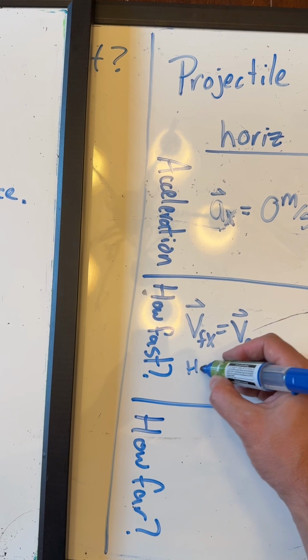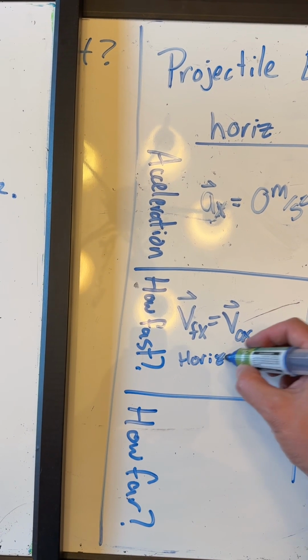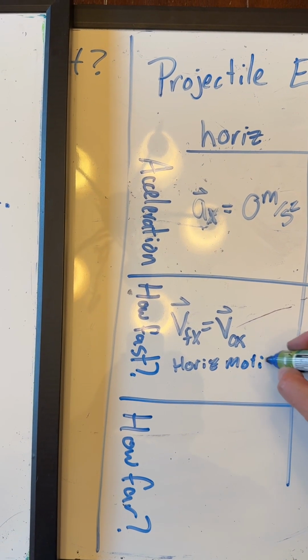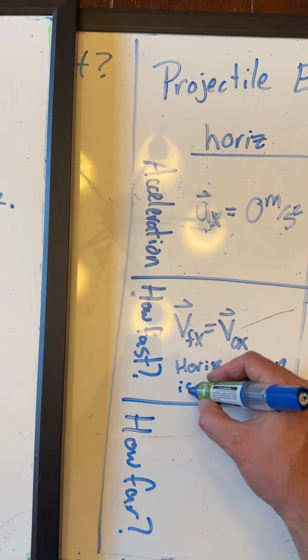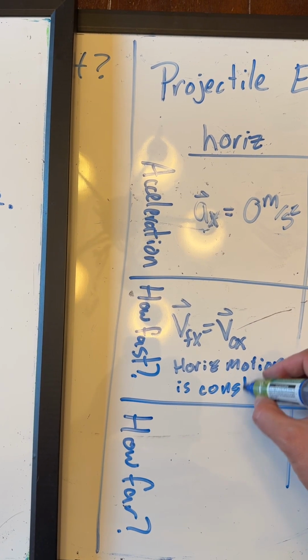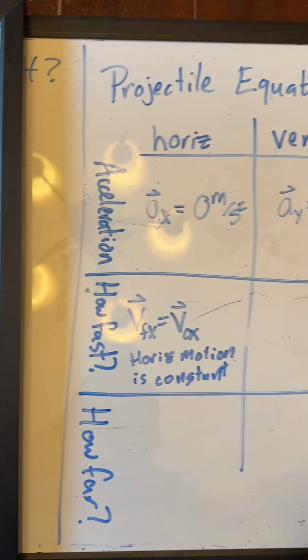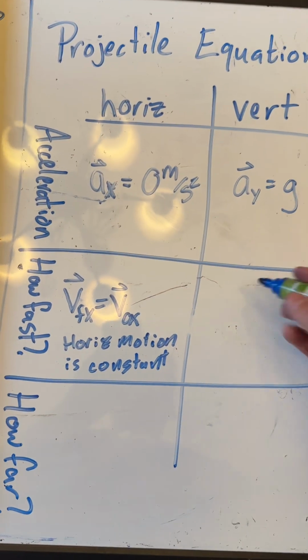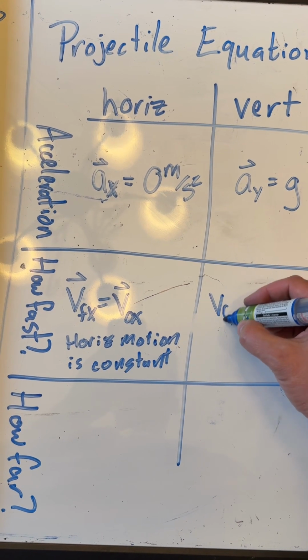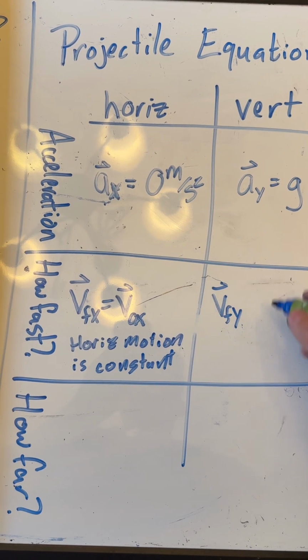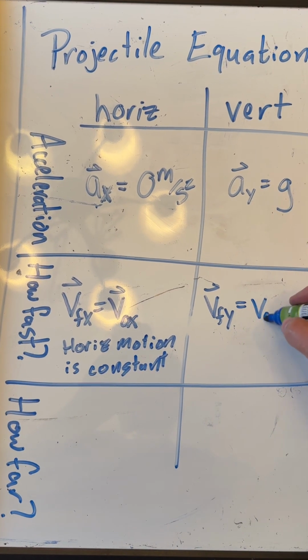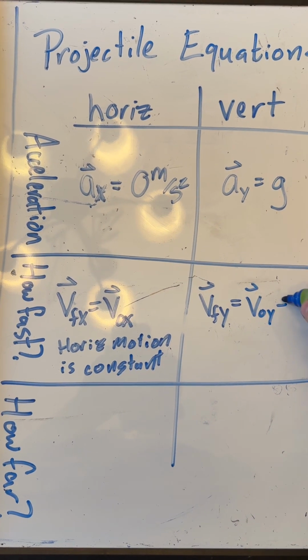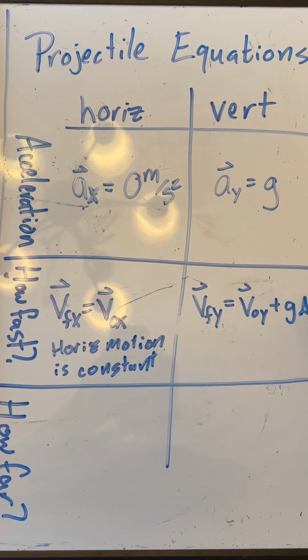So the horizontal motion is constant, which is really helpful for us actually. When we talk about how fast vertically, well, now we've got v_fy, which is equal to v naught y plus g times delta t.